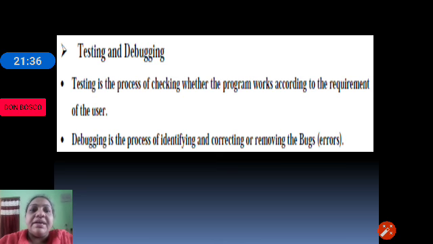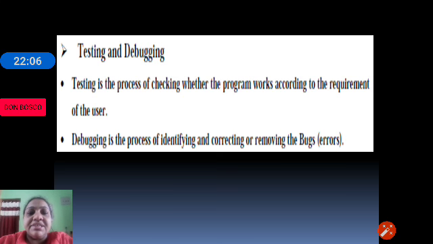Debugging is the process of finding faults and errors in the program and removing them, identifying and correcting the errors. Errors are also called bugs. Therefore we call it debugging: we are tracing and removing the bugs or the errors.